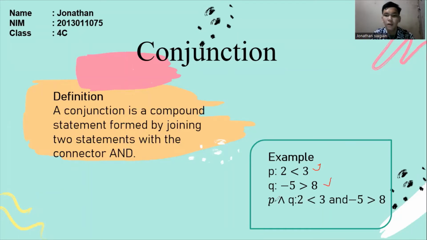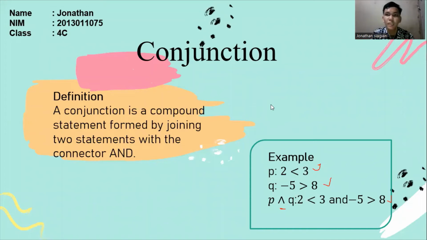P conjunction Q is: 2 is smaller than 3 and negative 5 is bigger than 8. This is an example of a conjunction.